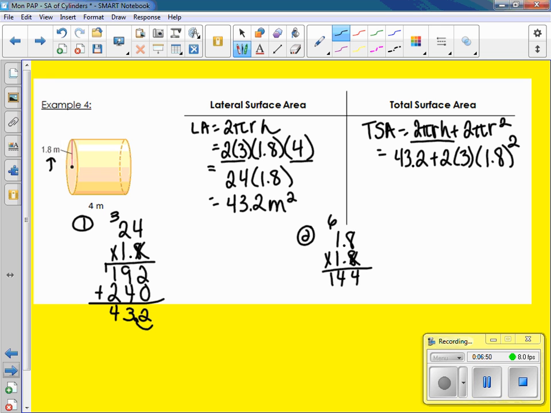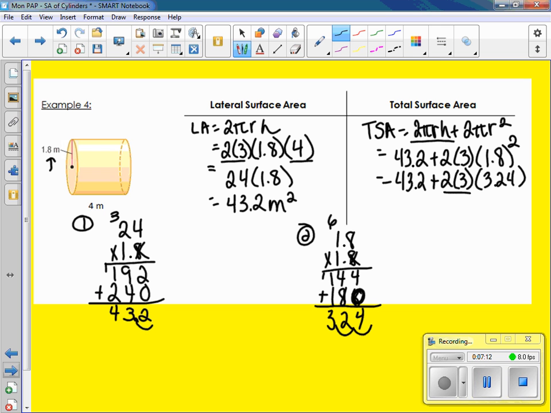Please remember there are 2 decimal places. Oops, forgot my placeholder. And there are 2 decimal places. So I get 43.2 plus 2 times 3 times 3.24.